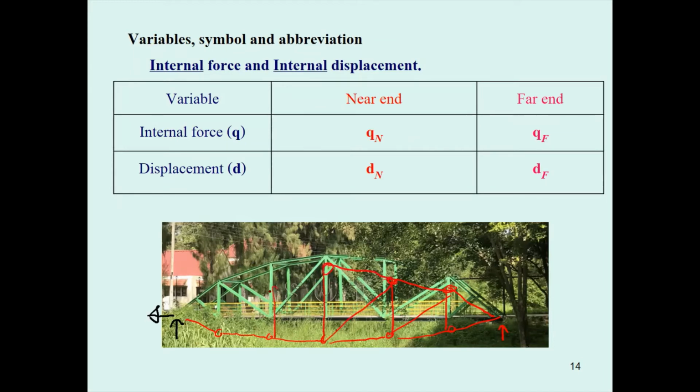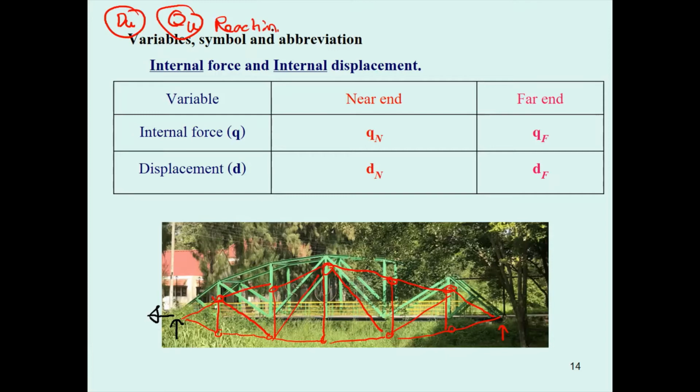Don't do it like me. Sorry, I drew the wrong one. You have to draw this carefully. So after you compute the structure, you get D sub U, which is the unknown displacement, and Q sub U, which is the reaction.